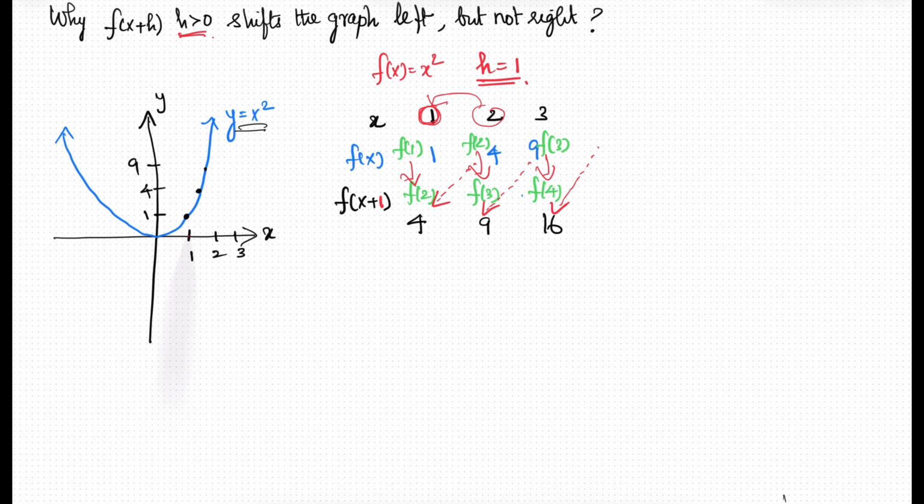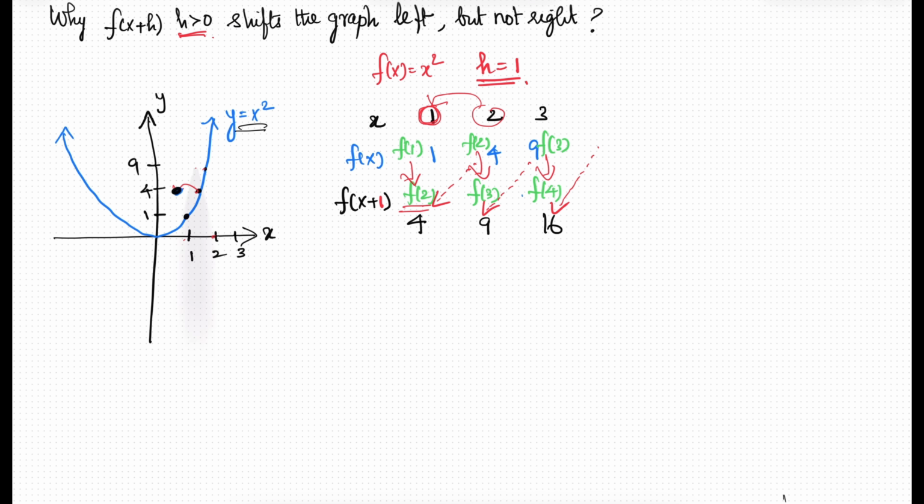Now when x is equal to 1, I am going to have f of 2's value, which means this particular point is going to go over here. This value is going over here, and this one's value, again we are pulling the point leftward, because when x is equal to 2, we are going to have f of 3's value.